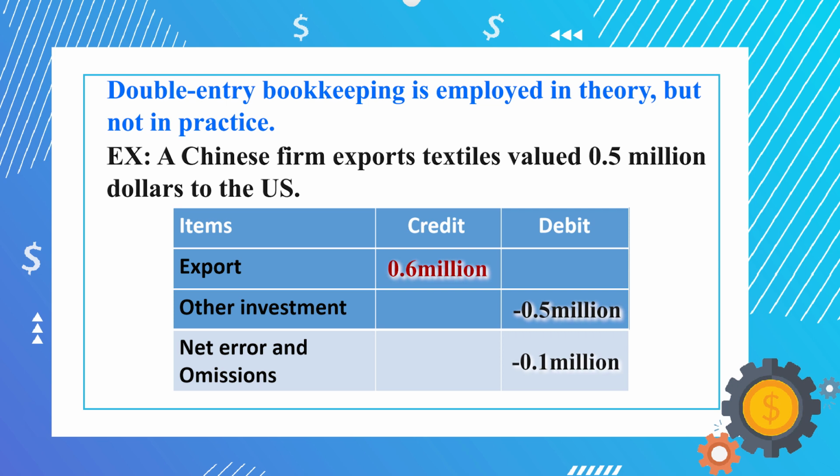So the exporter has the incentive to report a higher amount of export so as to gain the tax reimbursement. However, the data of foreign exchange income from the customs house is not that high, so there will appear a big discrepancy, which will go to the debit side in the account of errors and omissions.